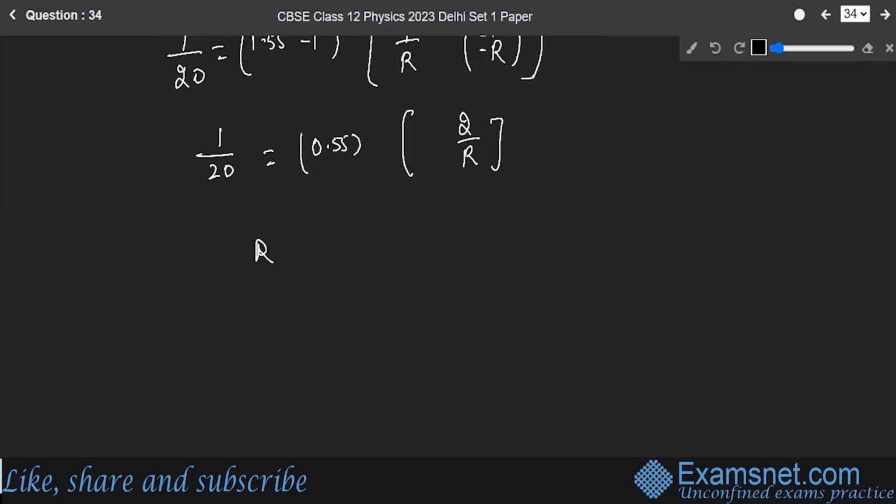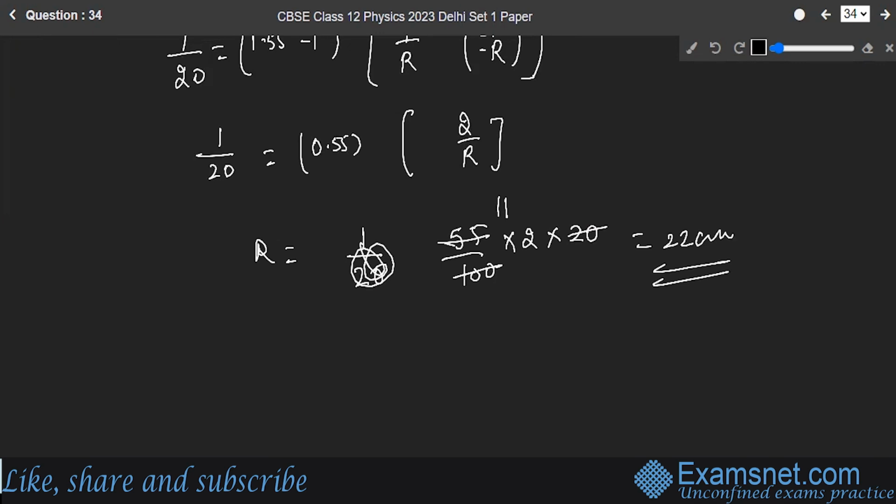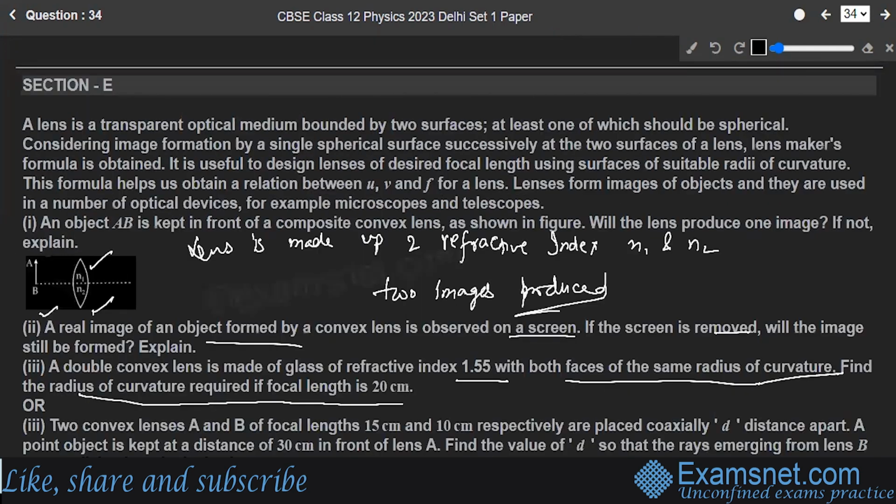So here you will have r is equal to, no, it will be 55 upon 100 multiplied by 2 multiplied by 20. So this will cancel at 11. So r is equal to 22 centimeters. Hope you're clear with this. Let's move to the B part.